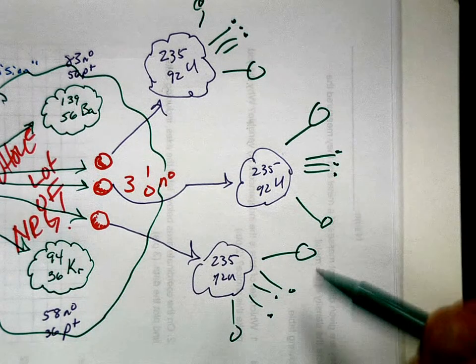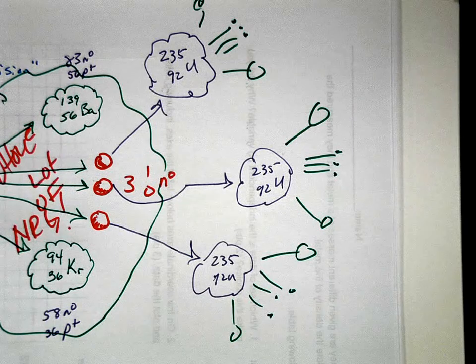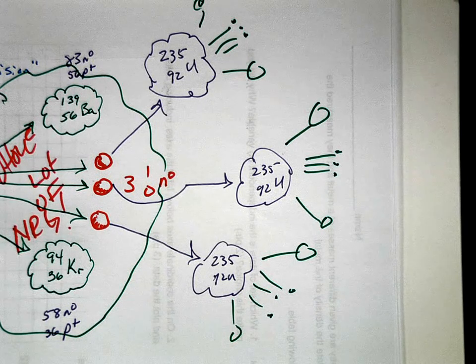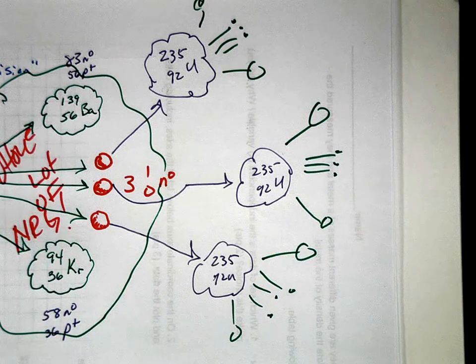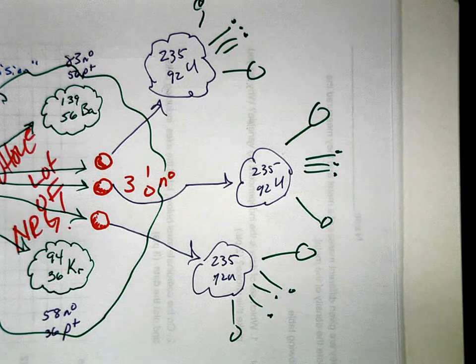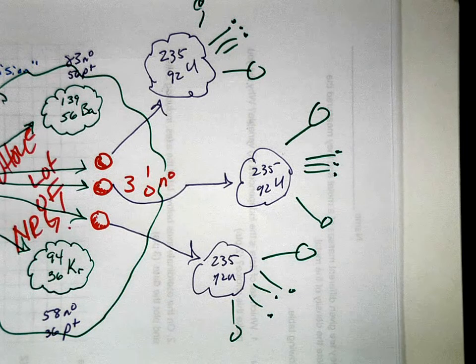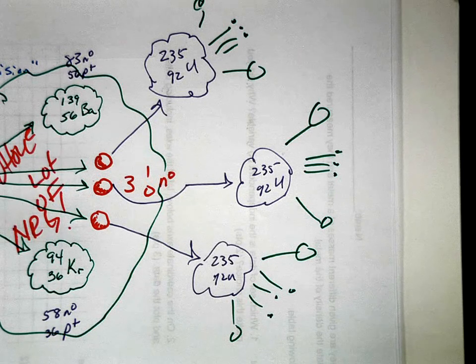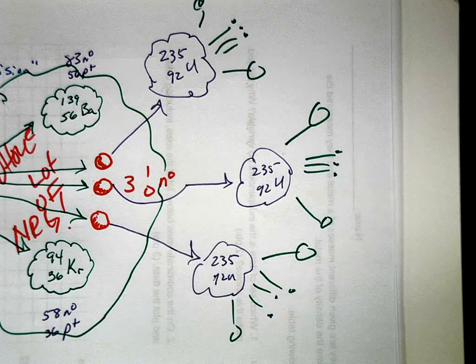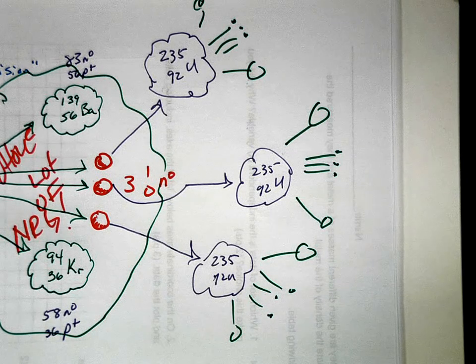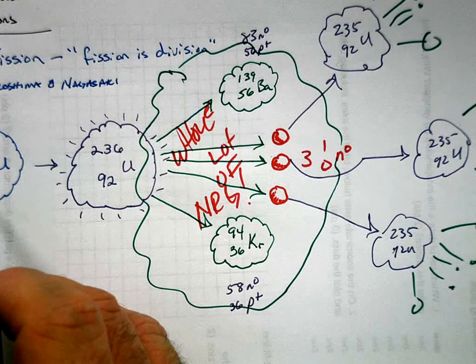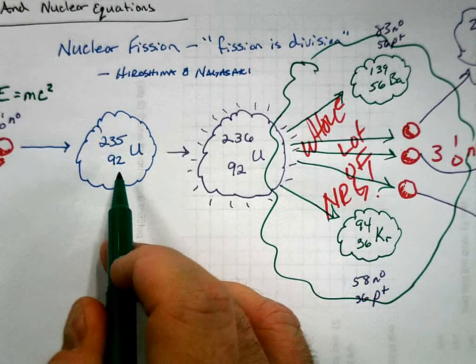These 9 neutrons are going to split off, and they're going to go create 27 new neutrons. Those 27 neutrons are going to split off and create 81 neutrons. And those 81 neutrons are going to create 243 neutrons. And those neutrons are going to split off and create 729 neutrons. This process will not stop until there are no more U-235 nuclei to fission.